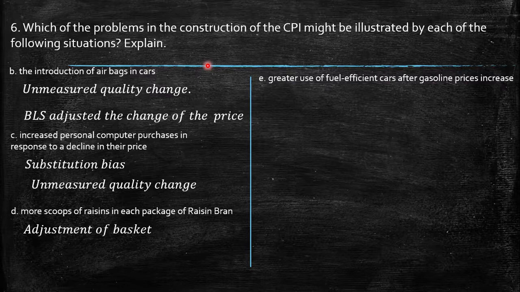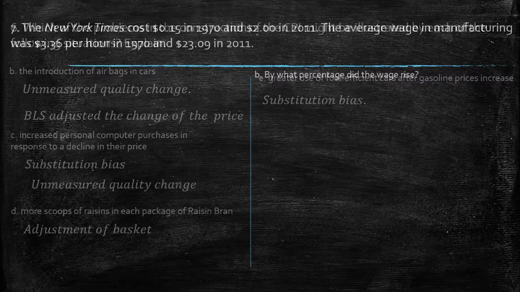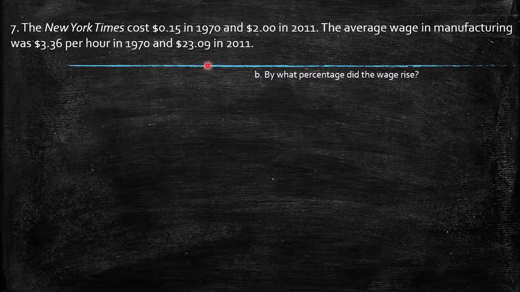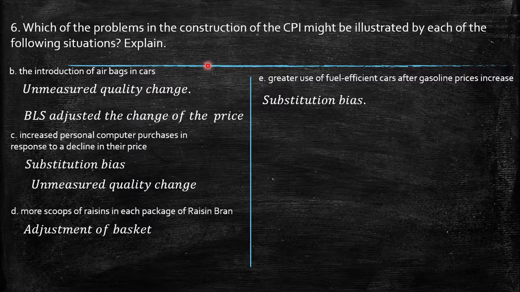Greater use of fuel efficient cars after gasoline prices increase. So again, substitution bias. As you know, usually oil is inside the CPI, and the increase represents a lower purchasing power, but that's not true, because people start to use other alternatives of energy.